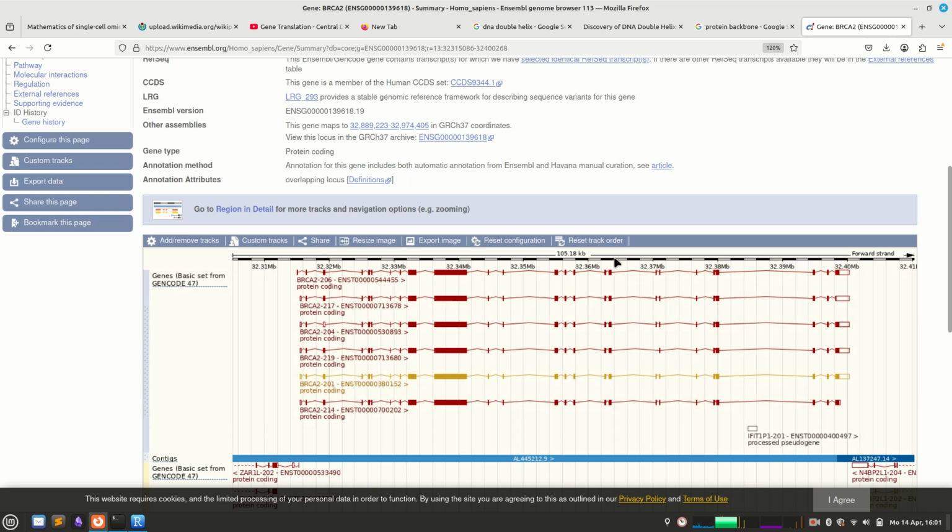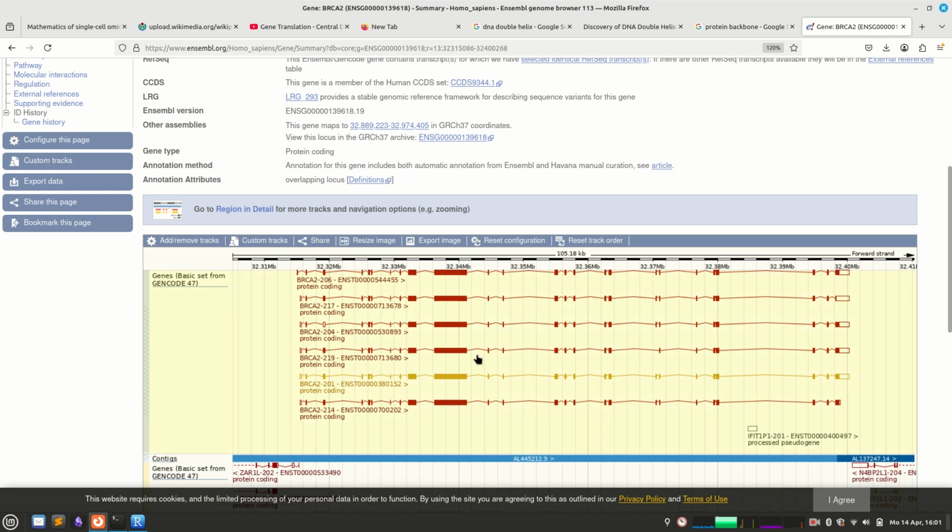And along this stretch, we see the part which is this BRCA gene, which codes for one enzyme that the body needs in order to prevent cancer. And here, these are the exons, the parts which are actually protein coding, which contain amino acid sequence, and these are the introns which need to be skipped.